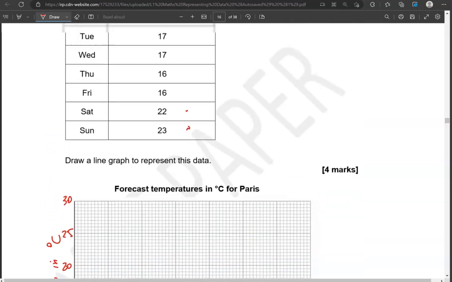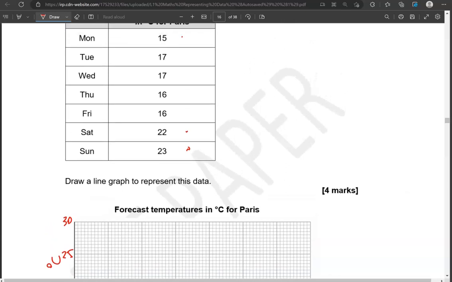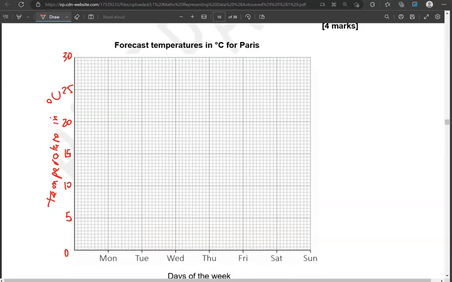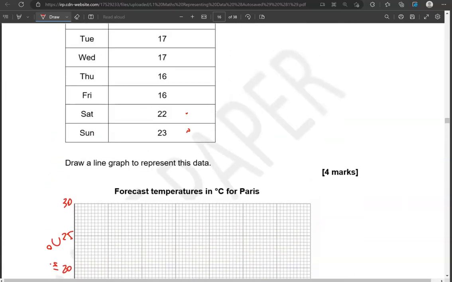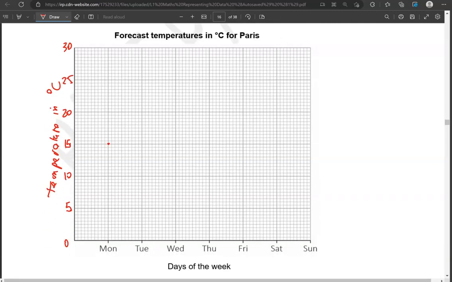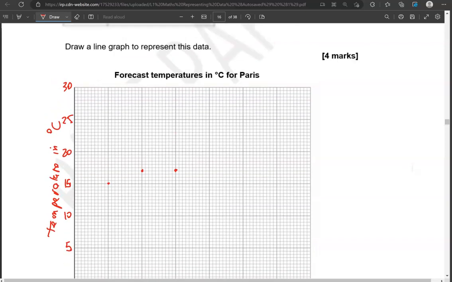So on Monday it goes up to 15. Tuesday and Wednesday 17. So 16, 17, 2 little squares represent 1 degree, because we have 10 little squares representing 5 degrees. So it's the same for Wednesday, 17 degrees.